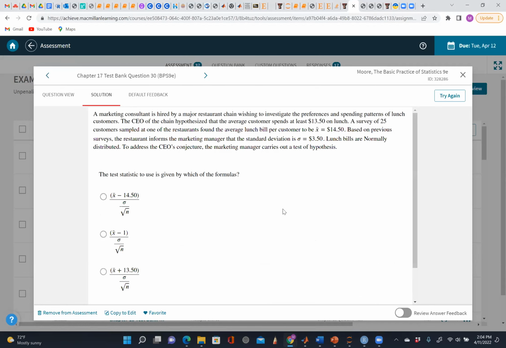Okay, so the next problem is a similar problem. We have the same setup: the sample mean X bar is 1450, the sample size is 25, and the population standard deviation is 350. We need to calculate the test statistic. The test statistic Z is equal to X bar minus mu 0 over sigma over the square root of n.